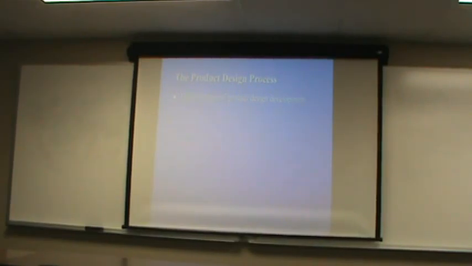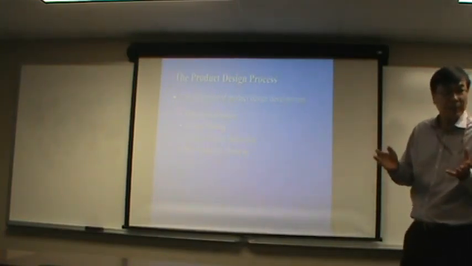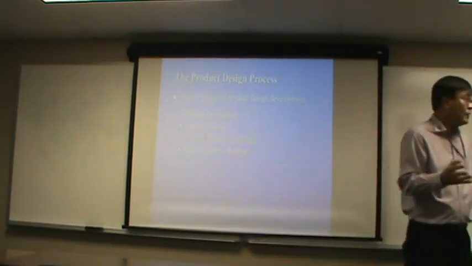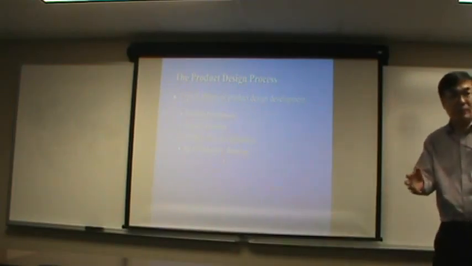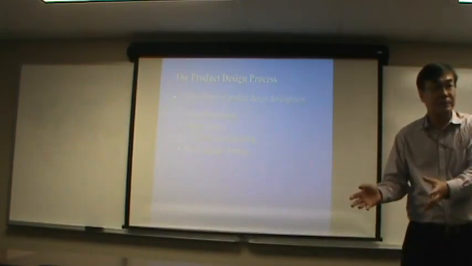Product design process. A typical phase is product design. Concept development: decide what we will make, right? And then how to make it, planning, right? How and when. And then product and process engineering, how. And then pilot production: make something and then test, right?